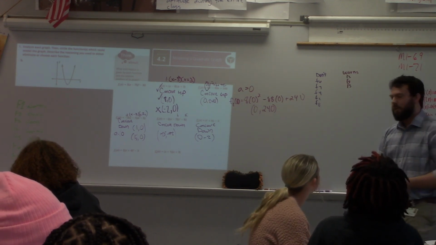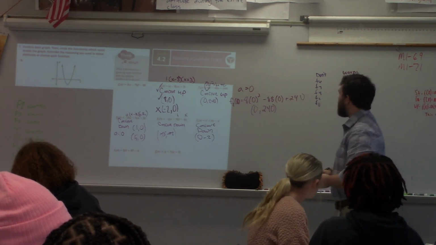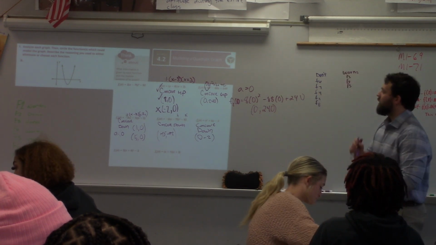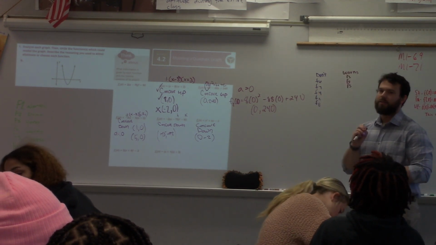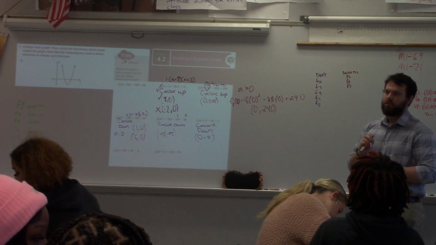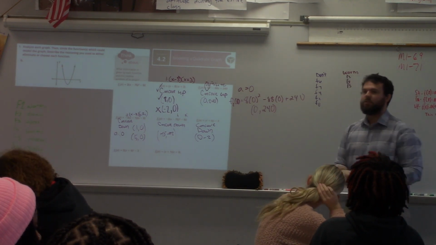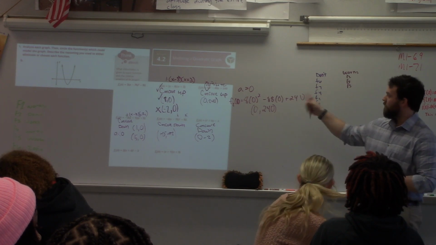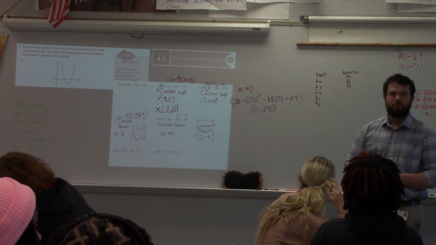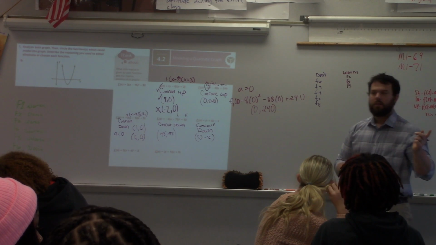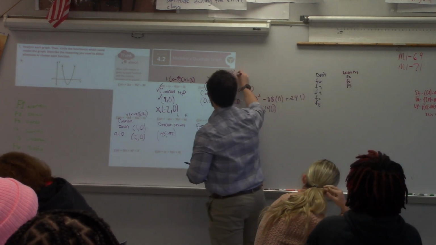Okay? Now, I do want to point this out. Personally, I'm always going to check the vertex, one because it's a good habit, two because we need practice. How do we calculate the axis of symmetry, the x value of the vertex, based on standard form? Negative b. Then what?